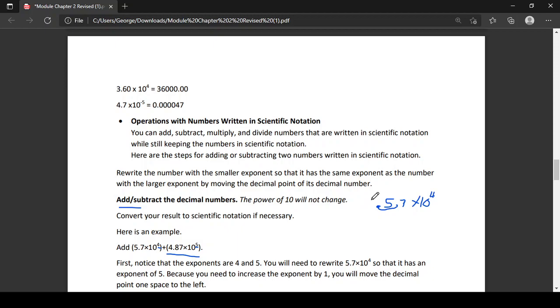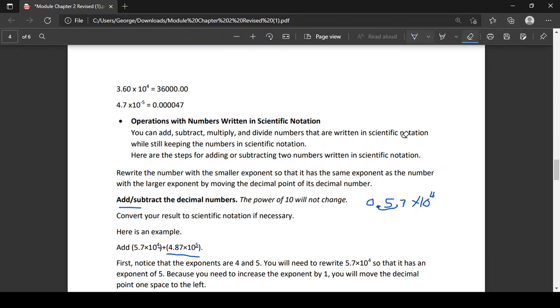Right to left. So it becomes 0.57, correct? Yes, sir, 0.57. Since the exponent becomes 5, that is why I moved the decimal right to left. So now I can add it to my 4.87.